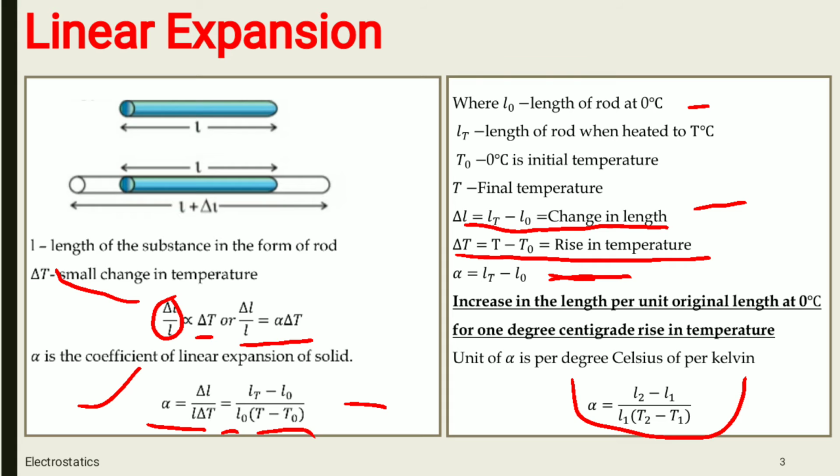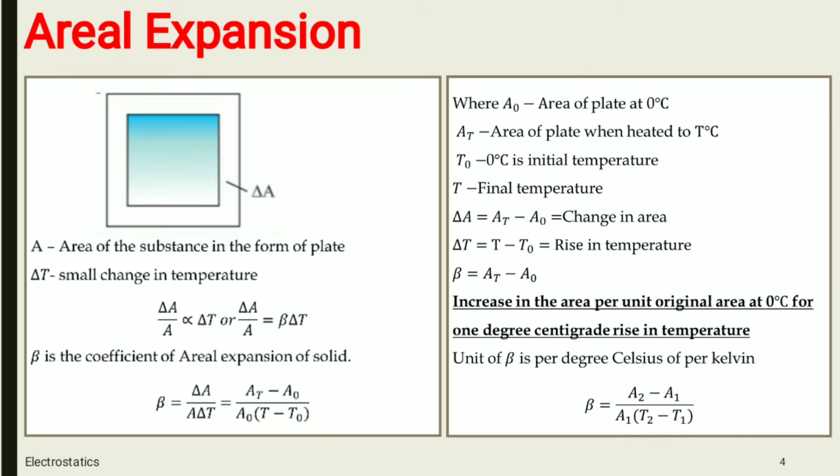Firstly, what did we take? One rod. Here we took the expansion of a rod, so the rod expands linearly, right? Here we are considering one plate, so if it expands area wise, its area will increase.